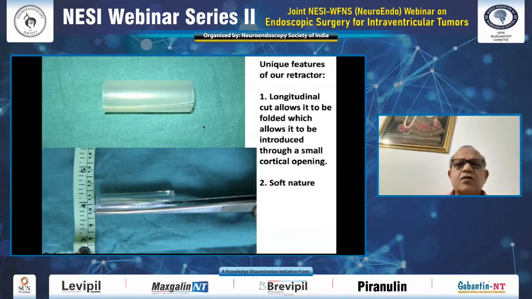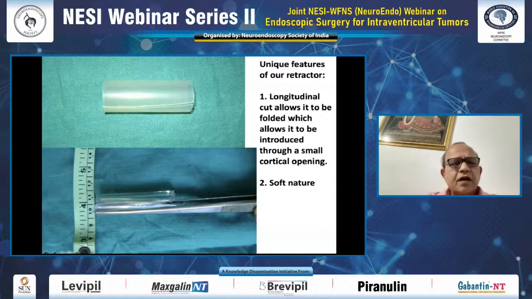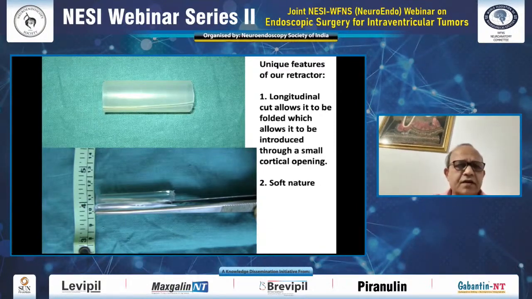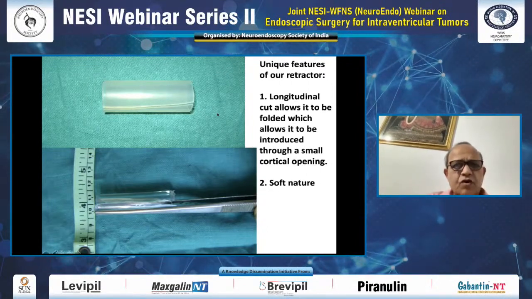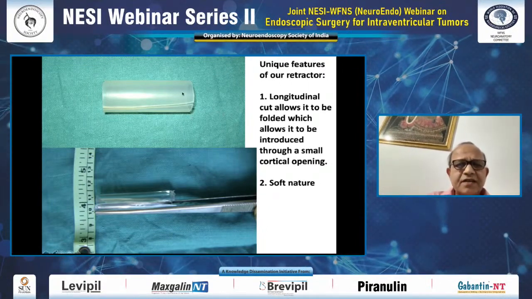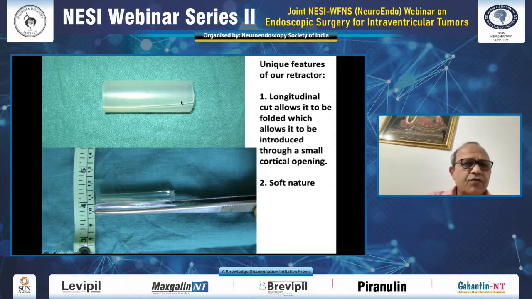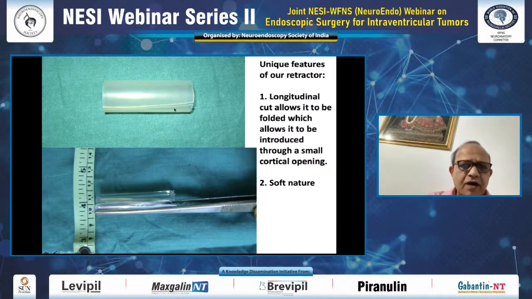The unique feature of our tubular retractor, apart from the fact that there is almost no cost involved, is that it is very soft, therefore unlikely to cause trauma.